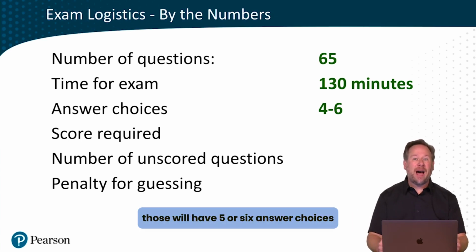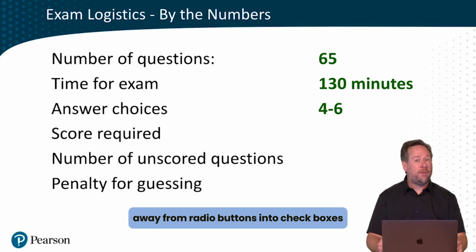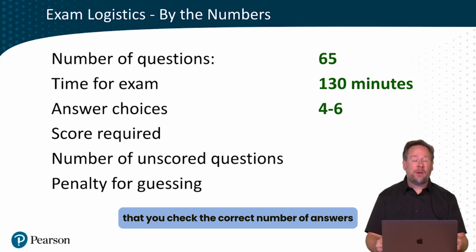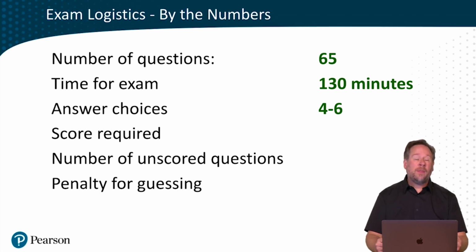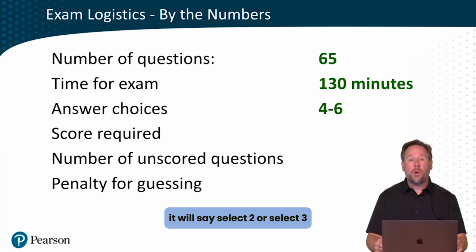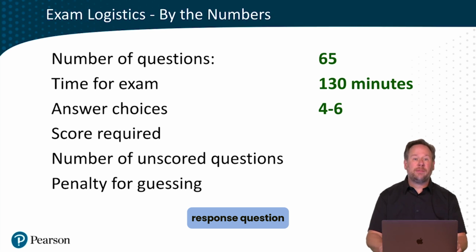Those will have 5 or 6 answer choices, and those change the user interface on the exam away from radio buttons into checkboxes. And so you'll have to make sure that you check the correct number of answers. The question itself will be very clear. It will say select 2 or select 3 when you are in the middle of a multiple response question.